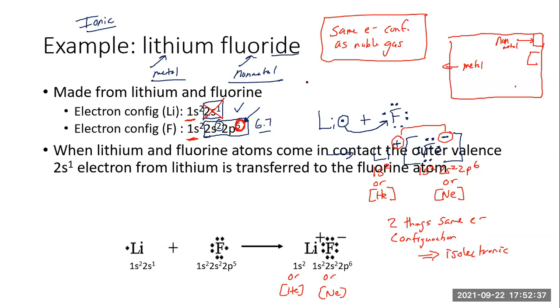It will always happen whenever you take a metal and a non-metal that come together. Non-metals are basically above the staircase on the right, and those guys will always gain electrons. What happens in usually an ionic compound is they will gain enough electrons to go forward to the noble gas that comes right after them. And then the metals will lose electrons and go backwards to the noble gas that comes right before them.